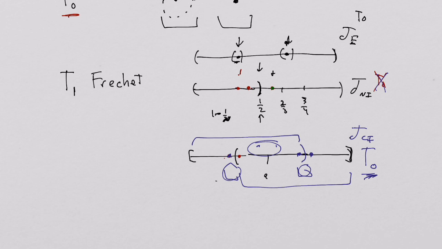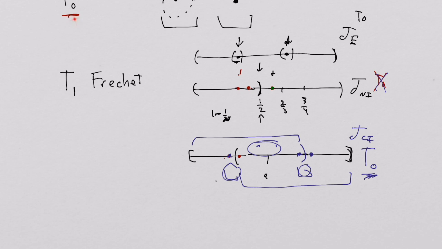And in the case of the closed interval topology, what we discovered is we could put a point in one open set, but we couldn't necessarily put the other point in its own open set. So that's why this is not T1. And that's the fun of this, right? We're showing spaces that are T0 but not T1, right?